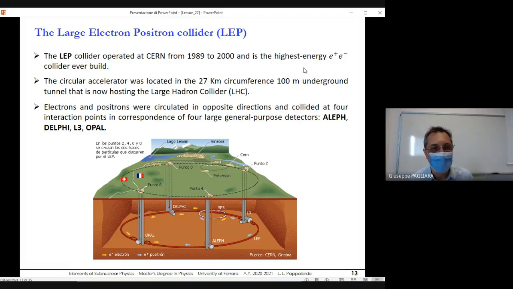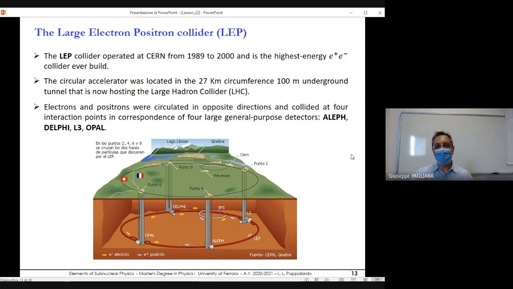Now, the circular accelerator was located in a 27-kilometer circumference, 100-meter underground, in a tunnel, and it is exactly the same tunnel that today hosts the Large Hadron Collider. And of course, the LHC substituted completely the LEP in the early 2000s.